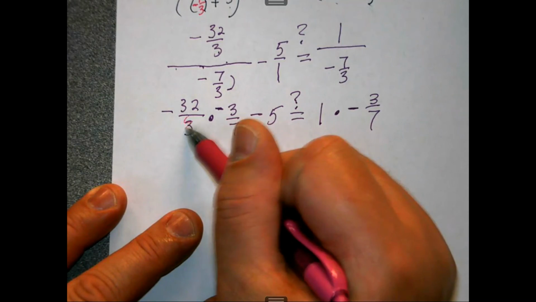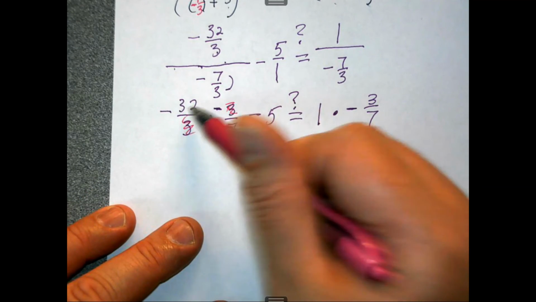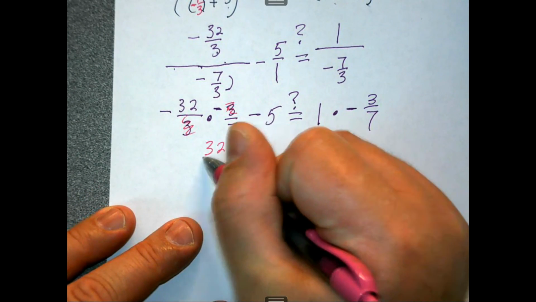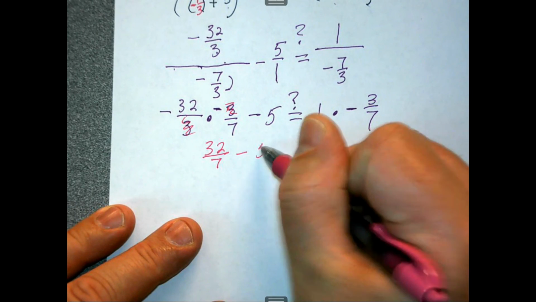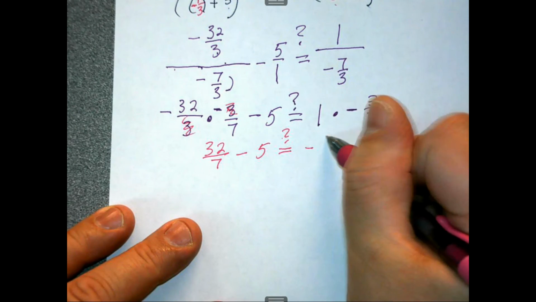I can cancel out the 3's here, so I have negative negative or positive 32 over 7 minus 5. Does that equal negative 3/7?